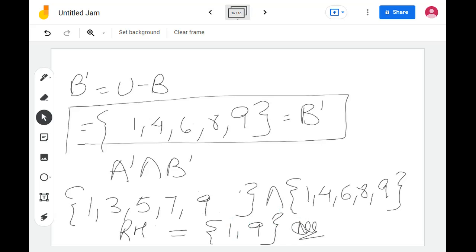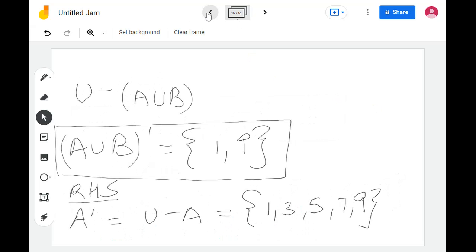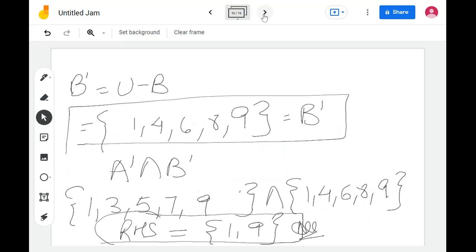This is our right hand side, and our left hand side we have already found. This is our LHS, 1 and 9, and our RHS as well is 1 and 9.